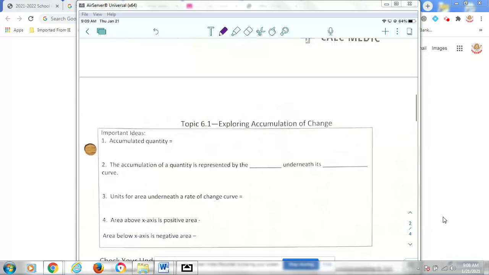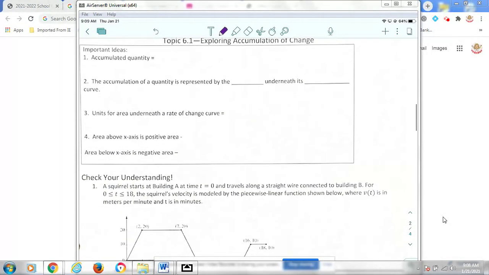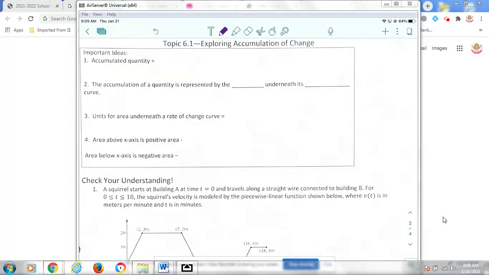All right, so let's fill in some important ideas. So an accumulated quantity, the way we did it the first time, we did rate 1 times the change in time 1, and then plus rate 2 times our change in time 2. And we would just keep doing that for however many rates and changes in time we have.